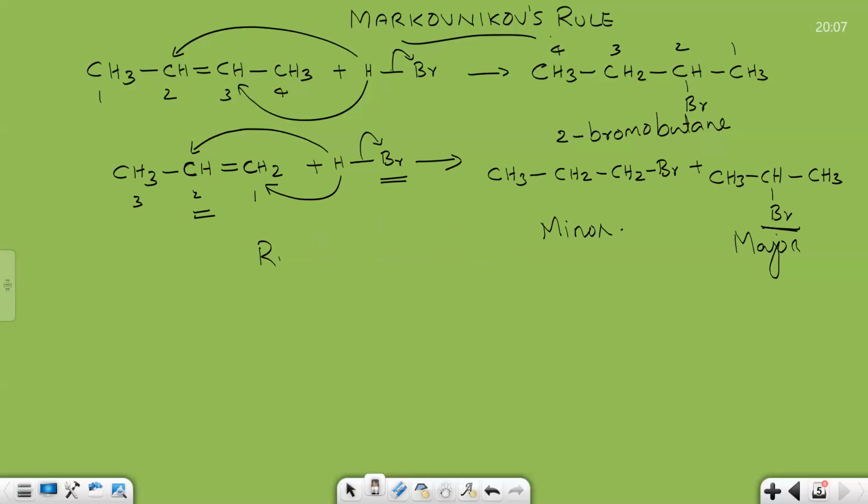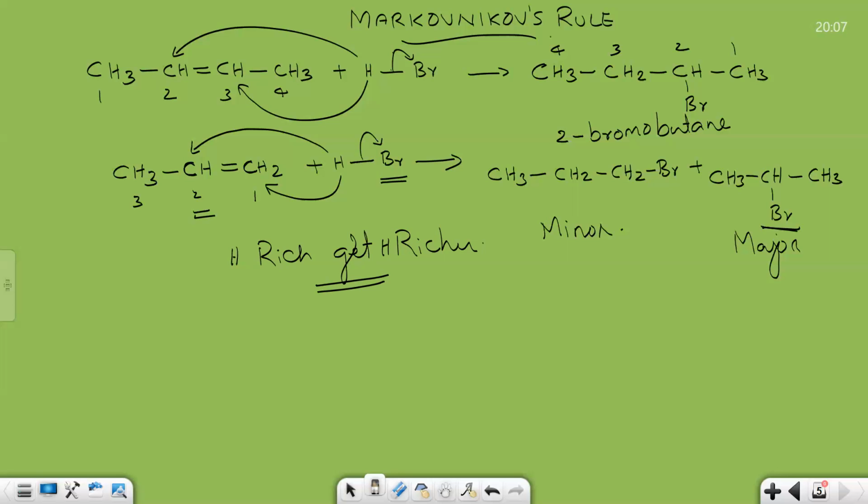You know the saying, rich gets richer, here in terms of hydrogen. The carbon atom that contains more hydrogen atoms will get one more hydrogen from HBr. So in three different ways you can state Markovnikov's rule.